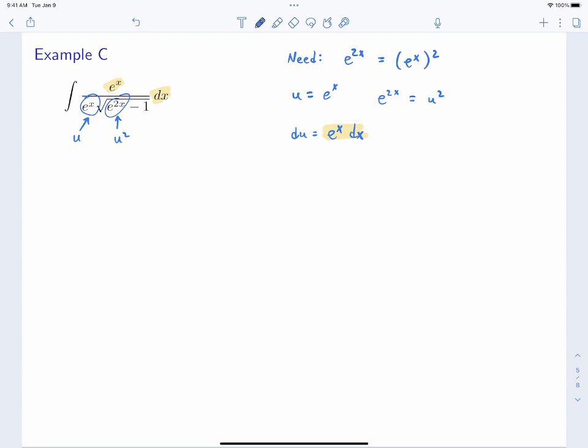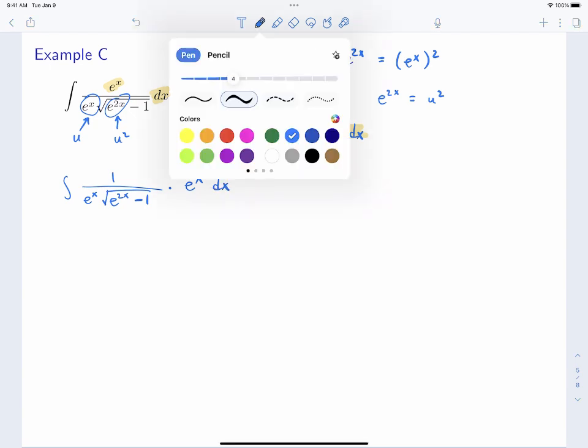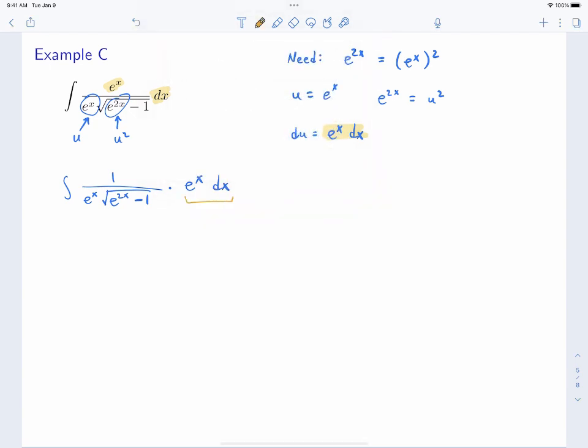So let's rewrite this. So we're going to have the integral of, let's write it as 1 over e to the x, again, times the square root of e to the 2x minus 1 times e to the x dx. Okay, so let's just change the color. This e to the x dx, that's going to be our du.